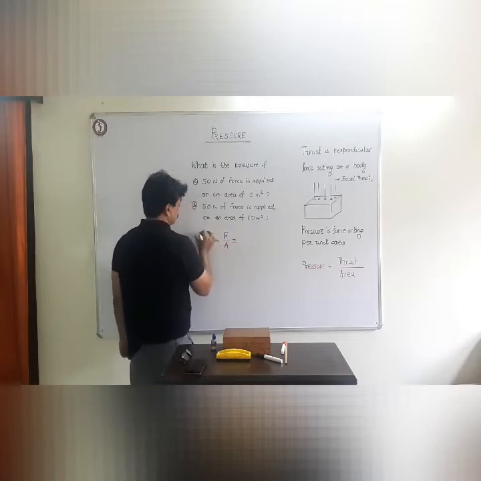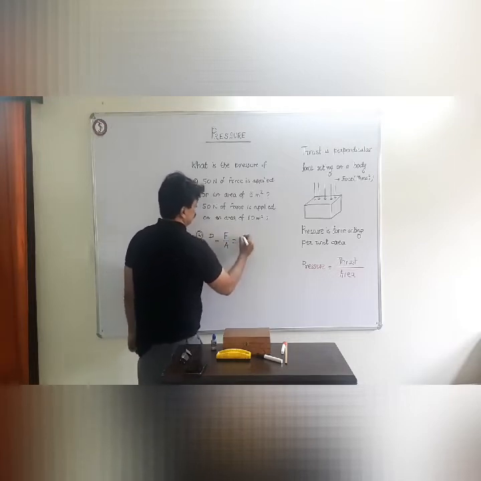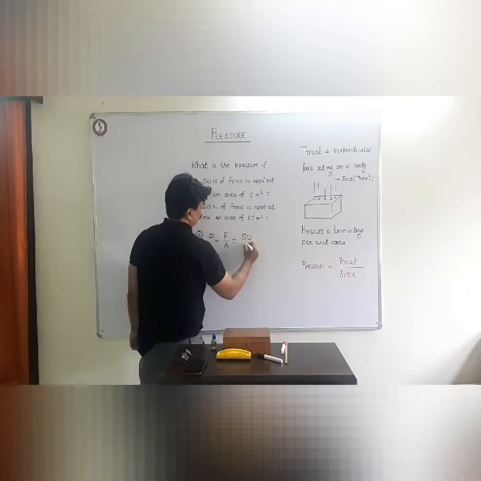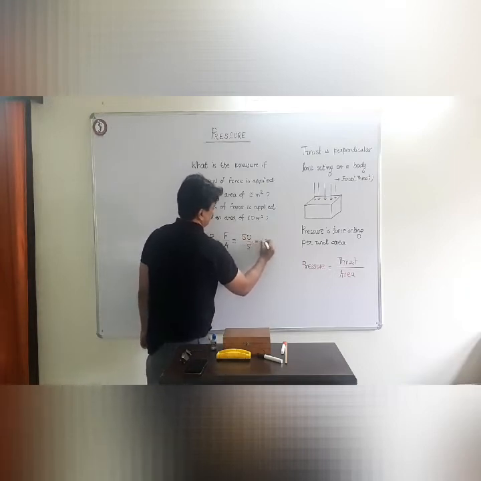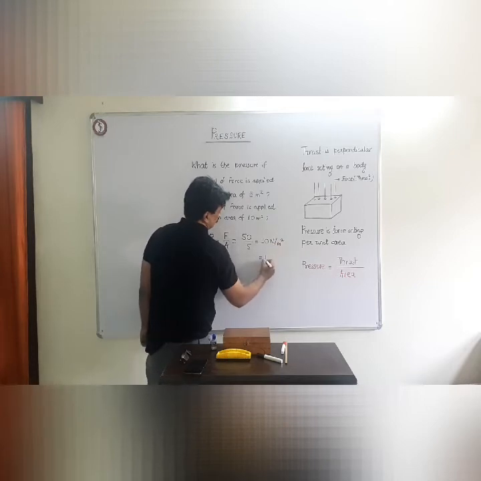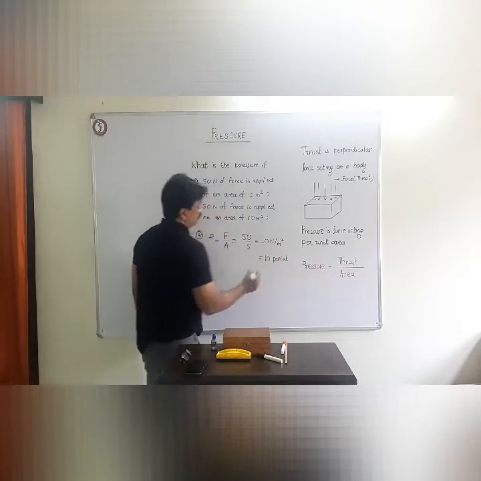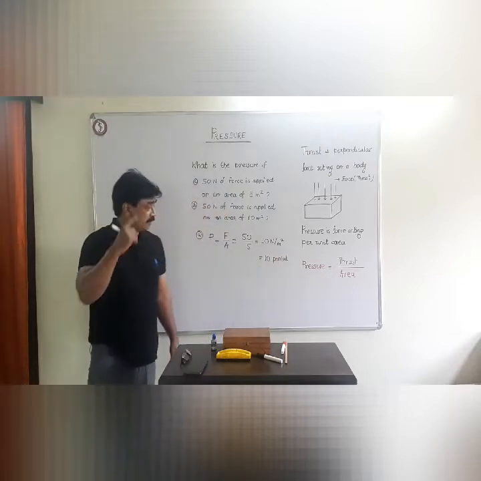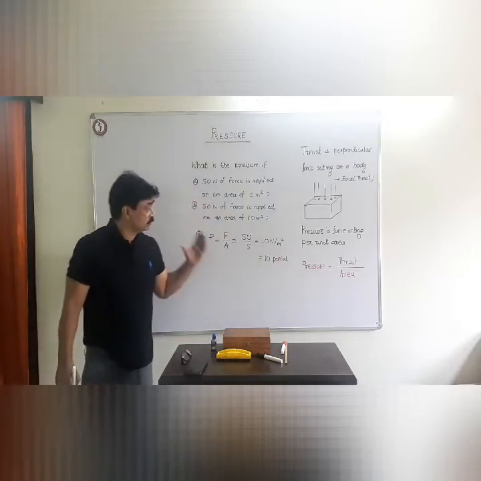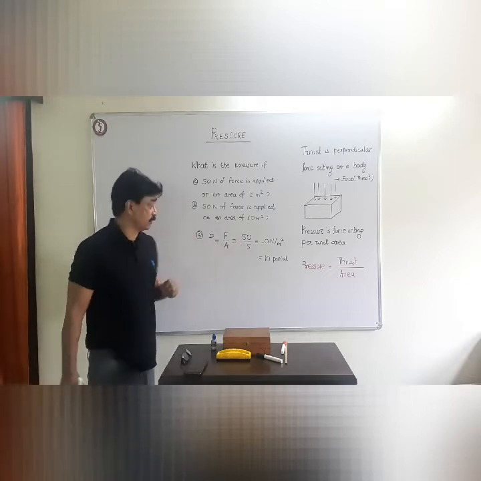So in the first case, for A, it will be 50 by 5, that is 10 Newton per meter square, that is equal to 10 Pascal. So the SI unit of pressure is Newton per meter square or Pascal, so 10 Pascal.